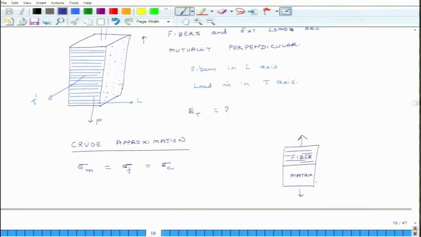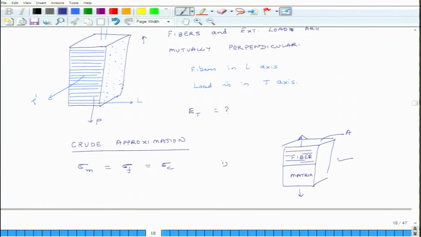If this kind of model is considered, and the cross sectional area is A, then stress in fiber is P over A, stress in matrix is also P over A, and stress in composite is also P over A in this situation. So, this is a crude approximation, and we will see why it does not give good results.